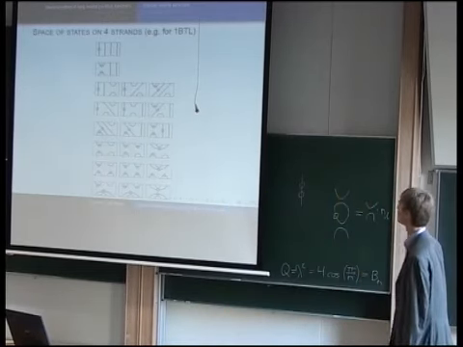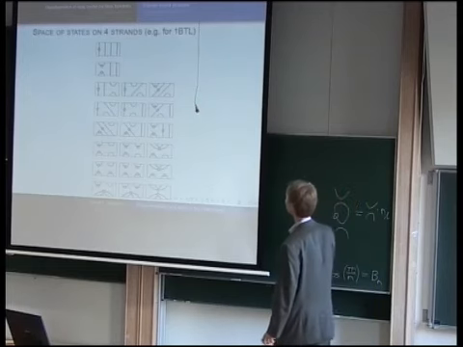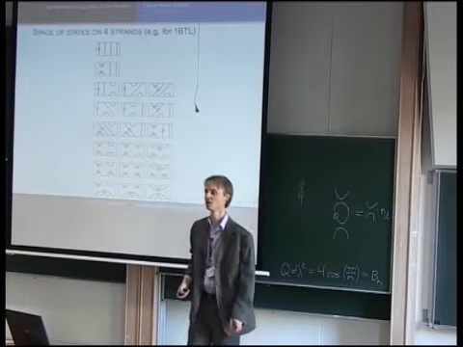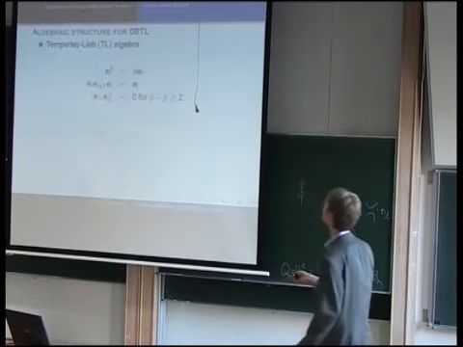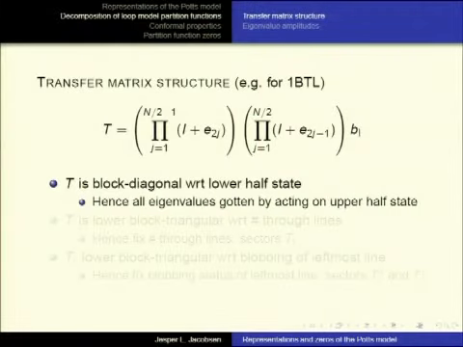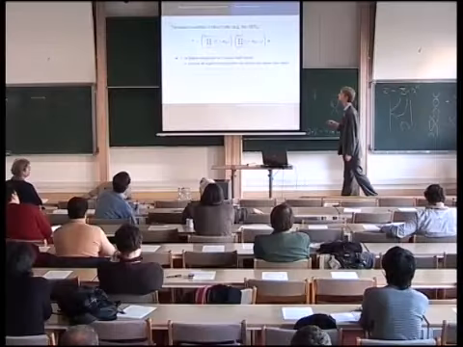At best, I can leave them unchanged, and at worst, I can use this Temperley-Lieb generator to link them up, and then there'll be a fewer number of strands going between top and bottom. Okay, so T is block diagonal with respect to the lower half state, or the reduced state, which means that all its eigenvalues can be gotten by acting just on the upper half states.